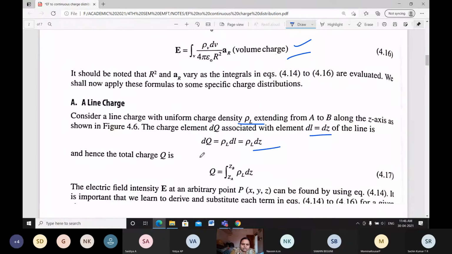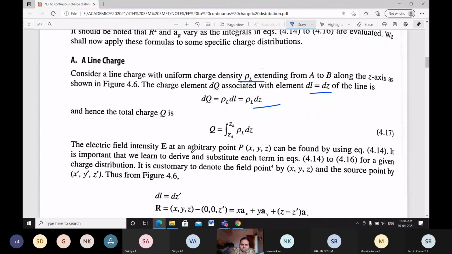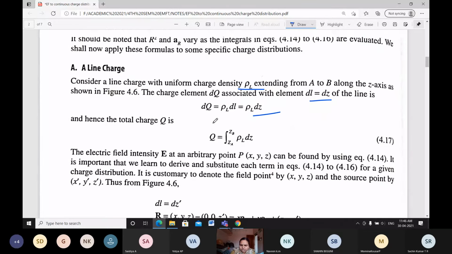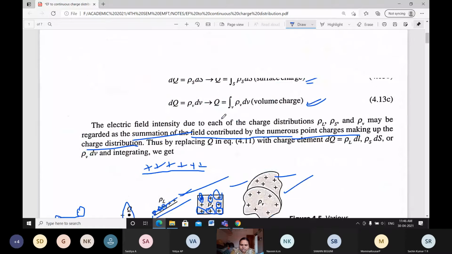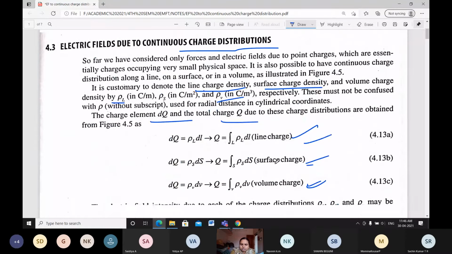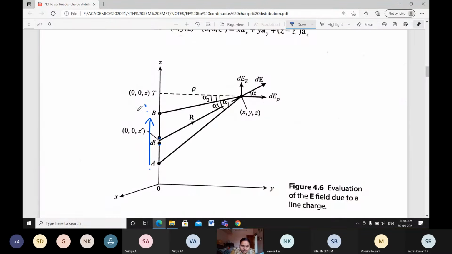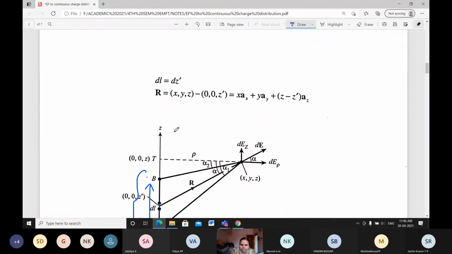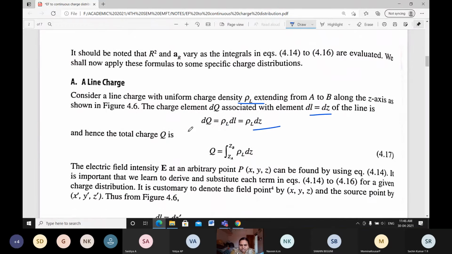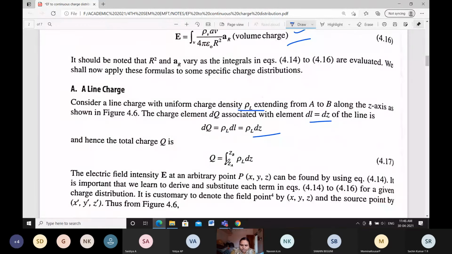Then the total charge q is the integration in the z direction from A to B. Within this limit, how does our point charge give the field intensity? We write the equation as the integration from ZA to ZB of rho L dz.